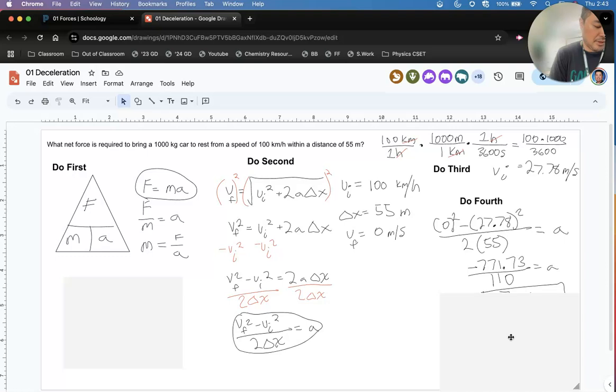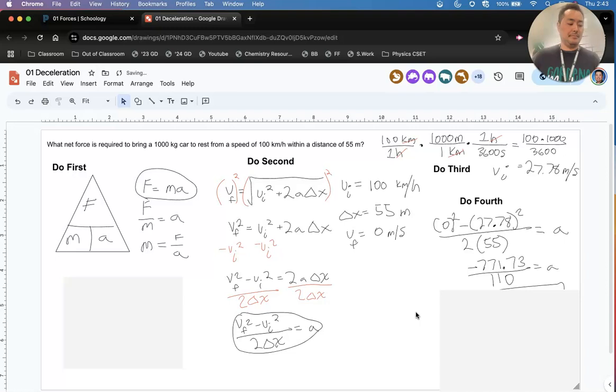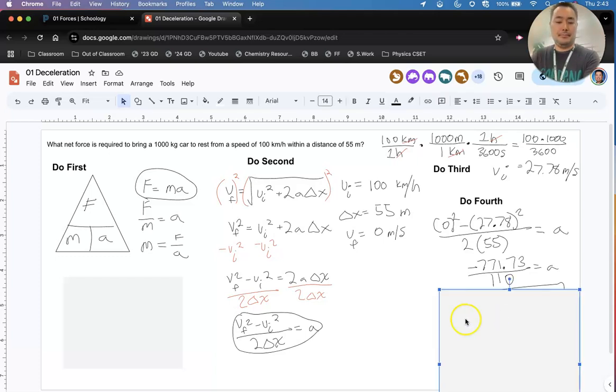Negative 771.73 divided by 110. Say the whole thing? Rounded, because it says 1.5. So it's negative 7.02.